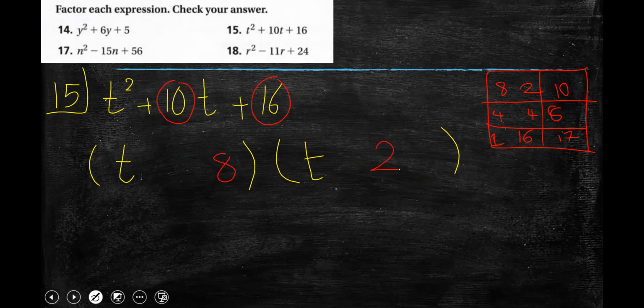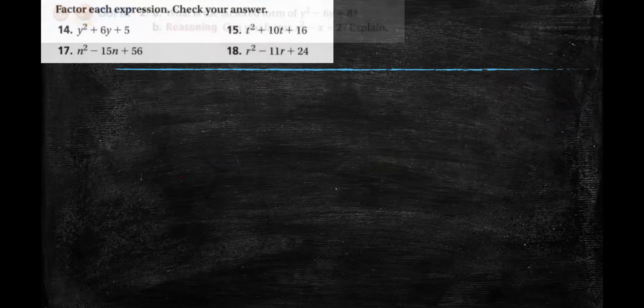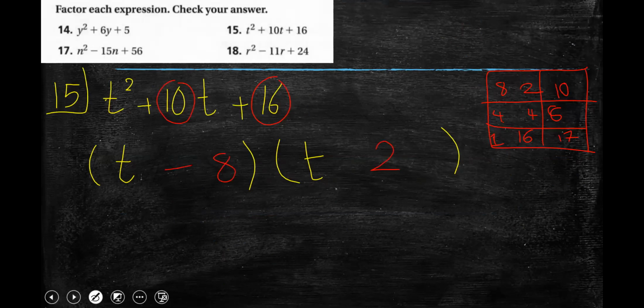Then after that, since we have plus plus, this is the easiest one. You will put here plus and plus. So my factors are t plus 8 times t plus 2.